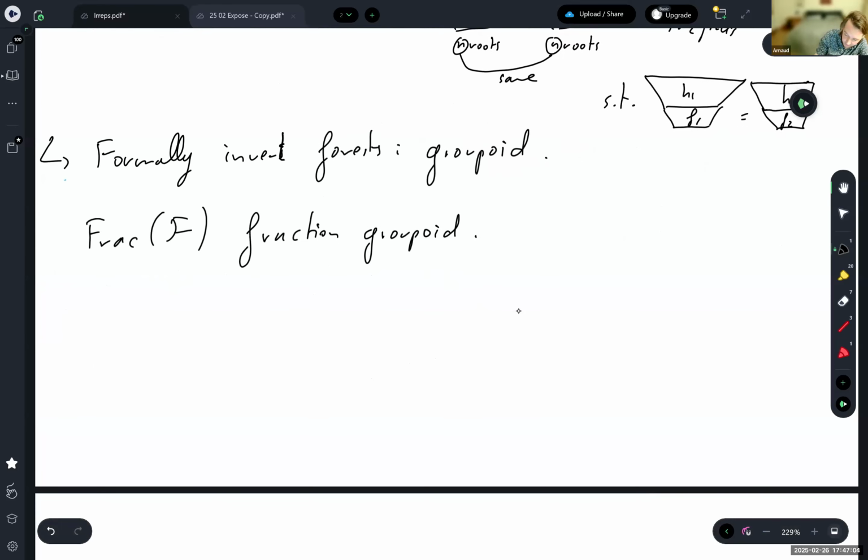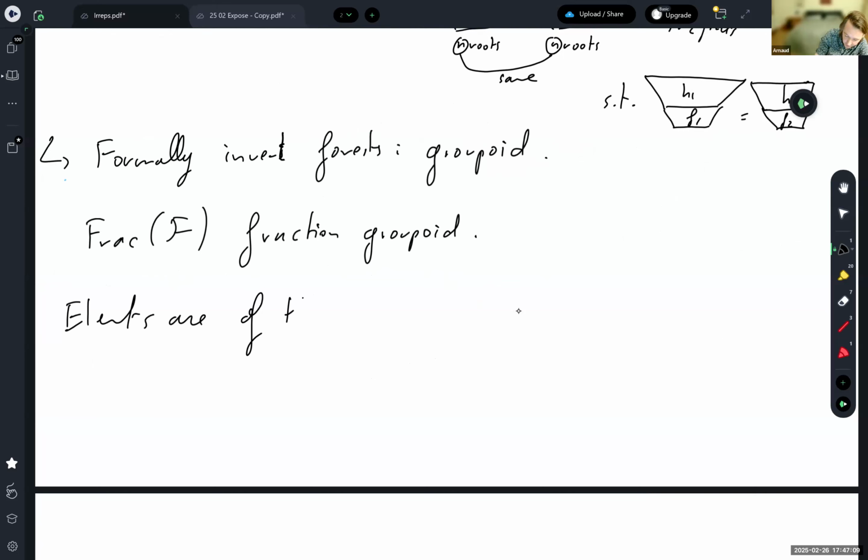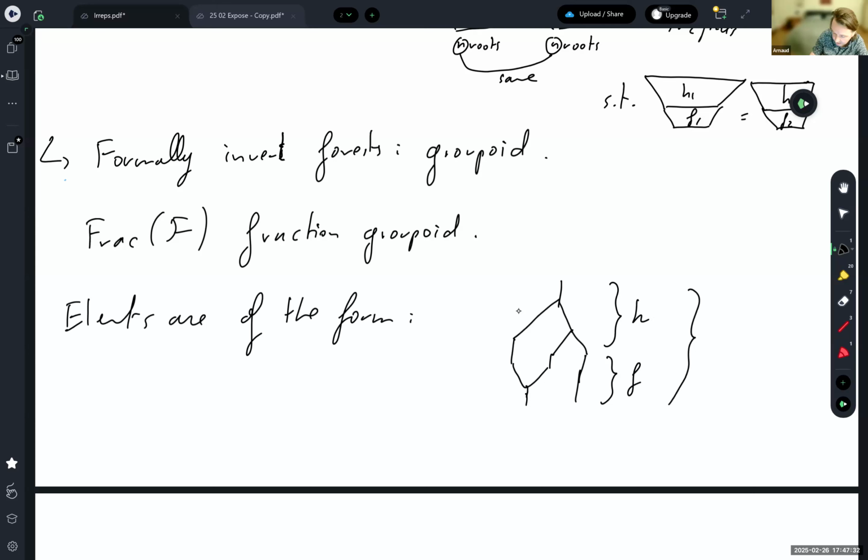And so elements of it are of the form, graphically very easy to see: you will have one forest here, and you will have one upside down. So it could be a tree, for example, like that. If I call this F and this H, I will call this F composed with H minus 1. So I formally invert forests, and now I can just draw them upside down.